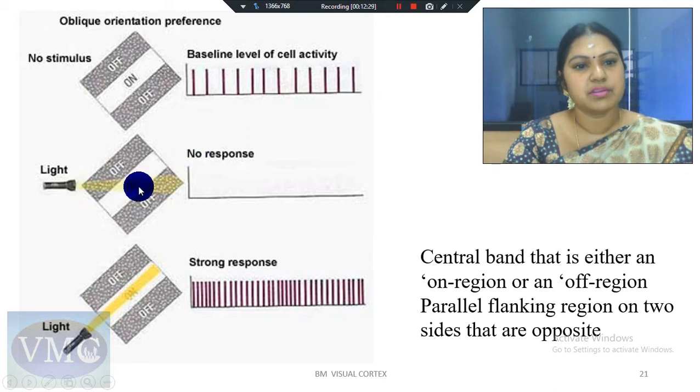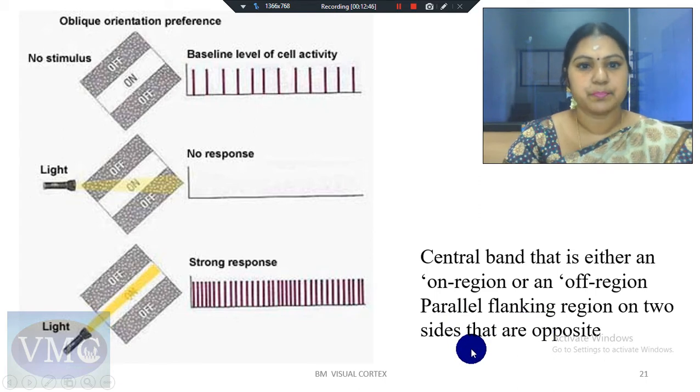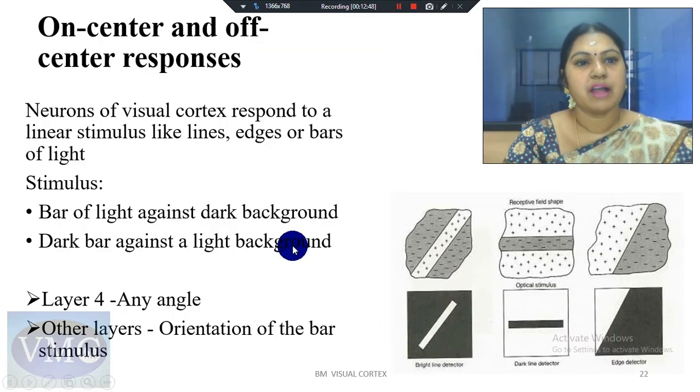When the light falls in some other axis, there is no response. When the light falls in a particular orientation of that particular simple cell, there is a strong response. A central band, that is either an on region or an off region, is there, and parallel flanking regions on two sides are opposite. So you have the on-center and off-center responses.